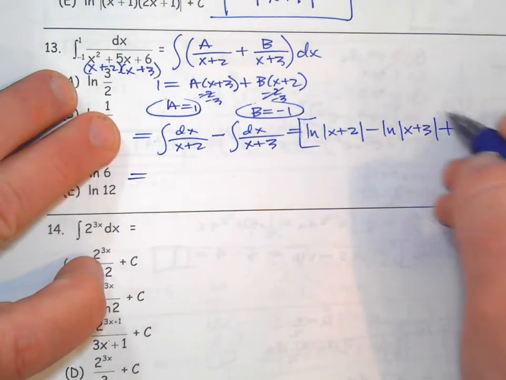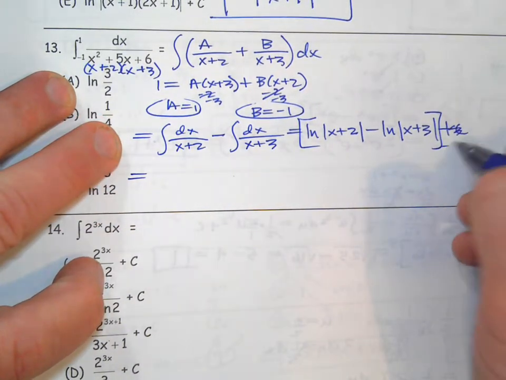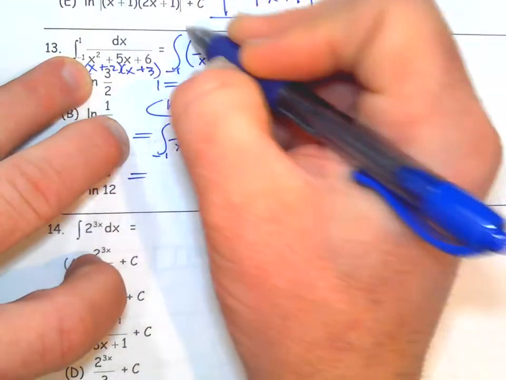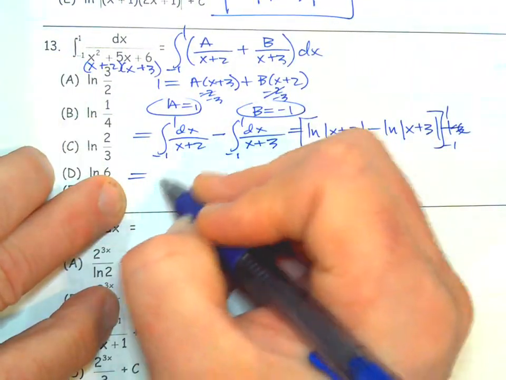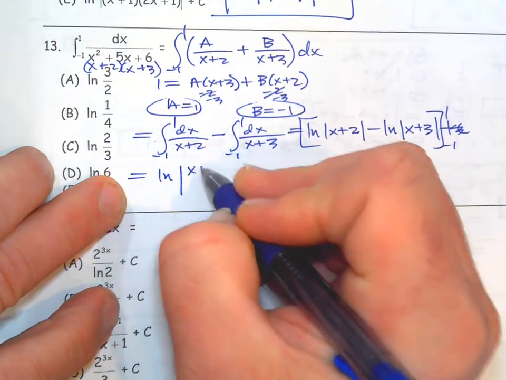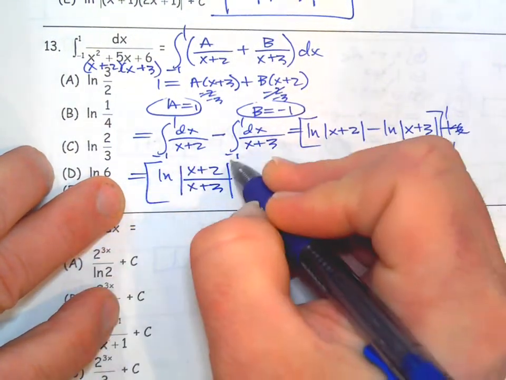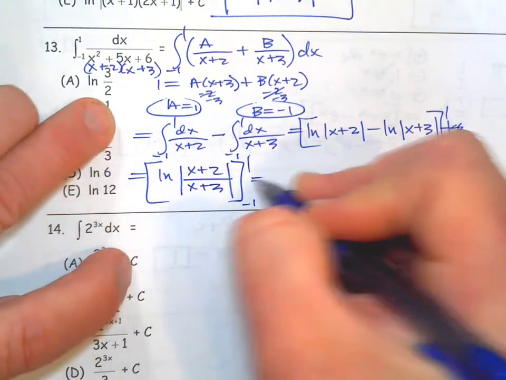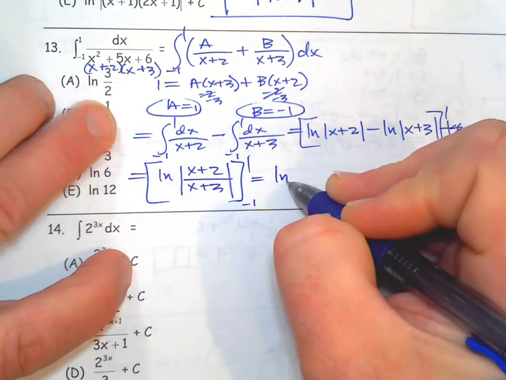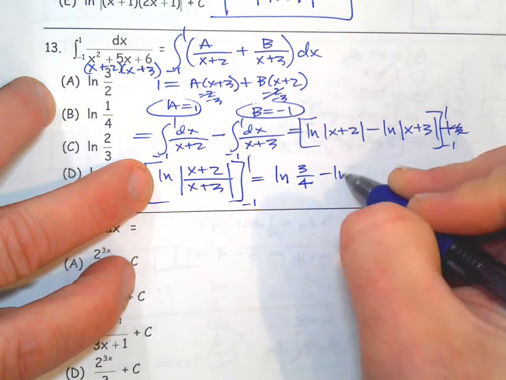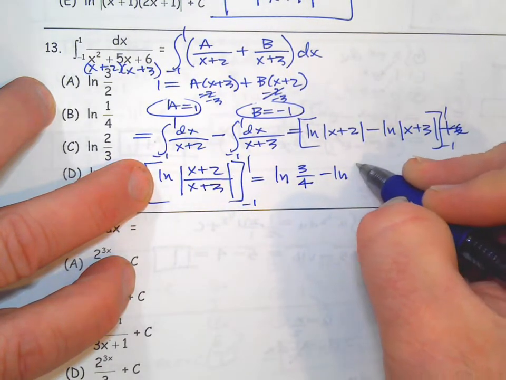Now this is a definite integral, so we're going negative 1 to 1, so we could have kept writing that. So natural log of x plus 2 over x plus 3, negative 1 to 1. So natural log of 3/4 minus natural log of 1/2.